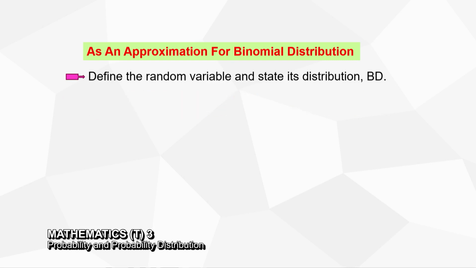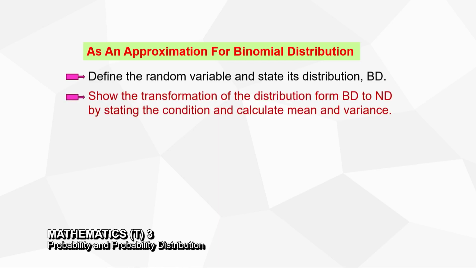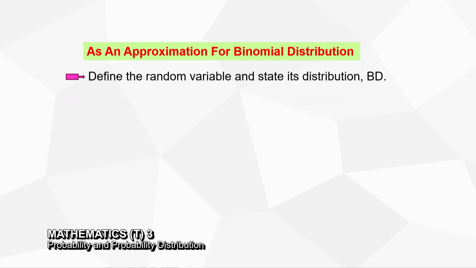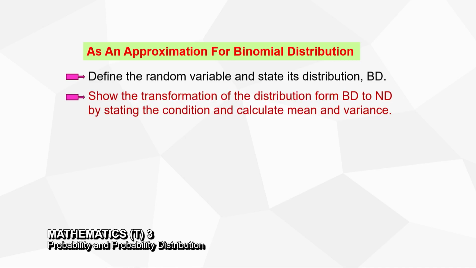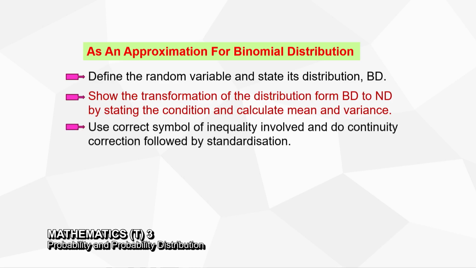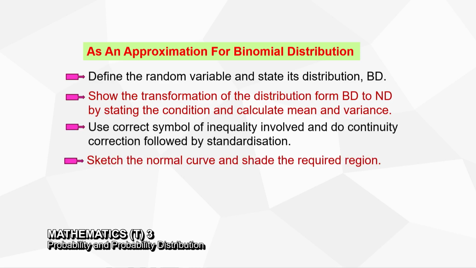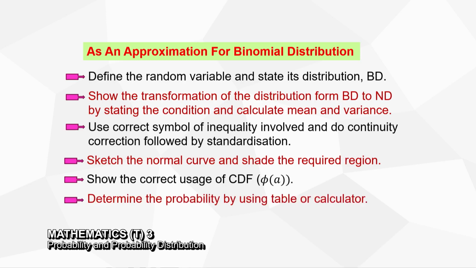That means we will transform from binomial distribution to normal distribution by stating the condition and calculating the mean and variance. Okay. Then after that, it all follows exactly like just now. No difference at all here. So you have to sketch the normal curve, shade the required region, show the usage of CDF, and last, you have to determine the probability by using table or calculator.